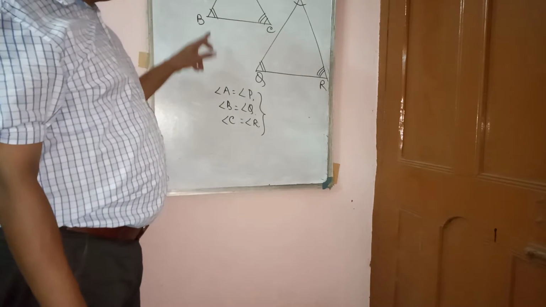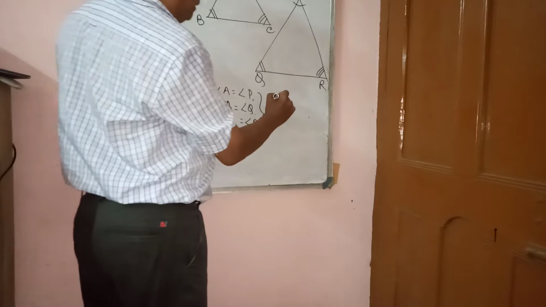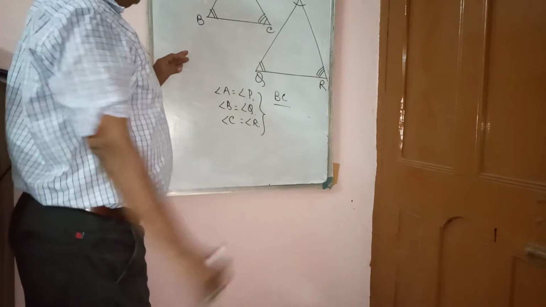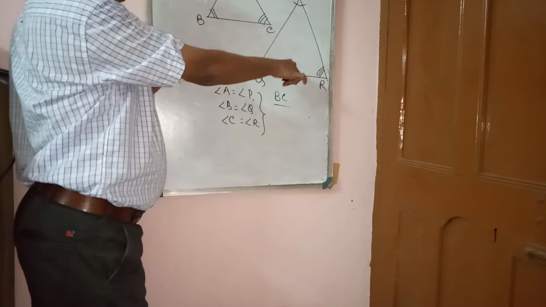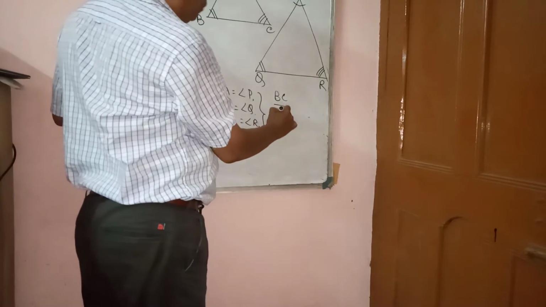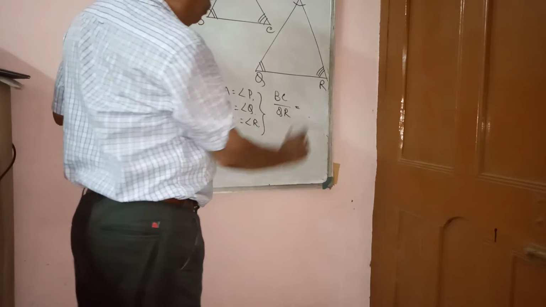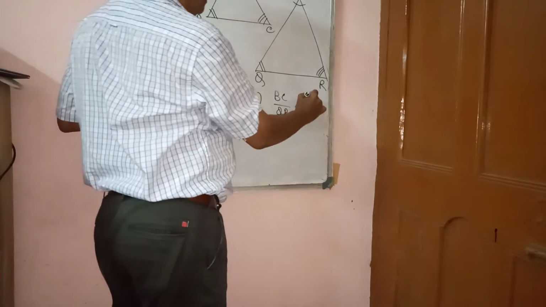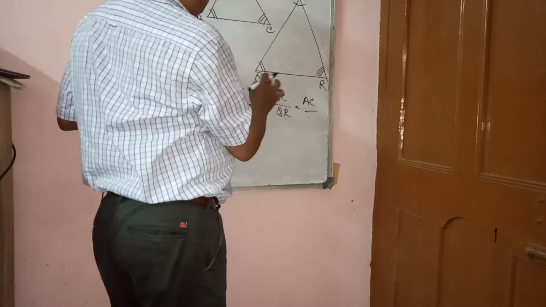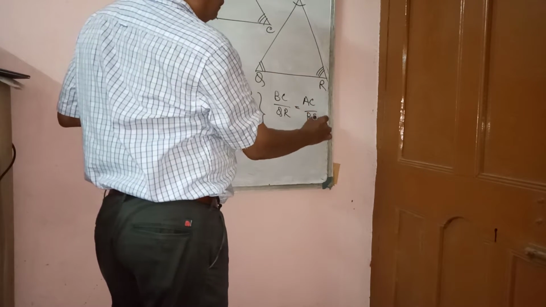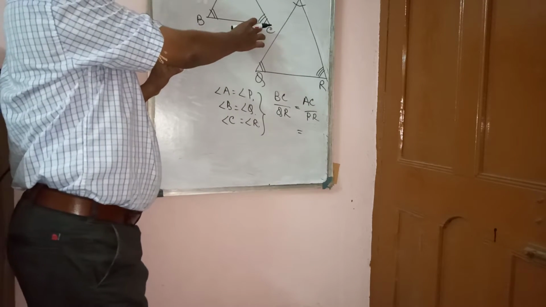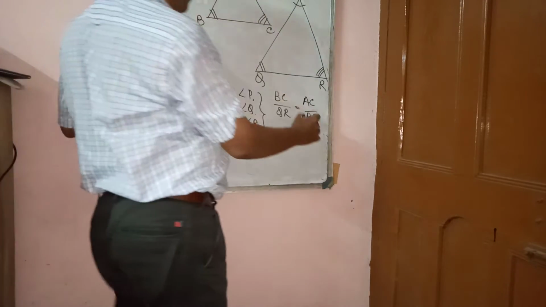See, angle A opposite side BC, so you can write BC. And for P, look here, P opposite side QR. Write QR. Equal to angle B opposite side AC, AC, right. And here Q, PR. Equal to angle C, right. This angle C is AB.